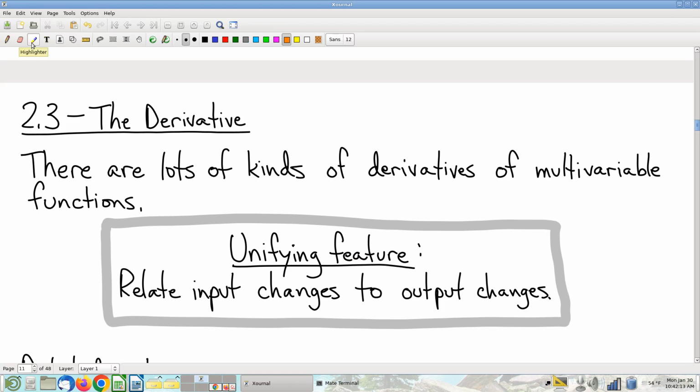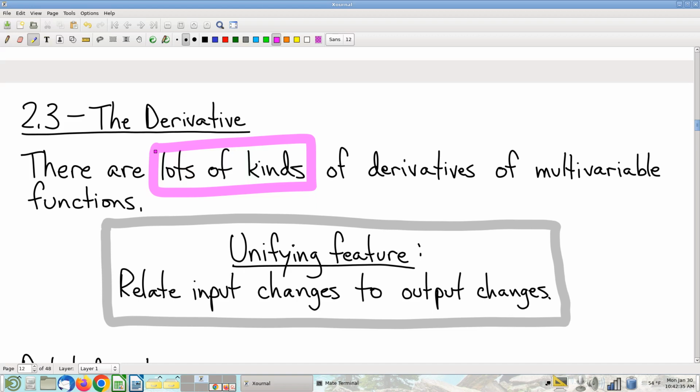Okay. All right, so the derivative. Now, this is obviously a very important topic, how to take derivatives in multivariable functions. First thing to say is there are lots of kinds of derivatives, and so this is one of the big differences between single variable calculus and multivariable calculus.